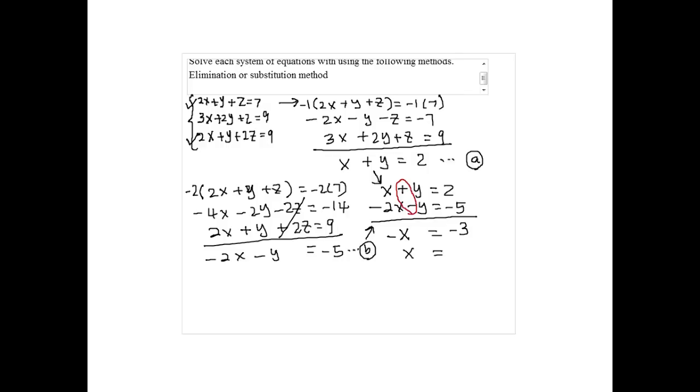By dividing both sides by -1, we get x equals 3. So we're going to substitute x equals 3 into equation A. So 3 plus y equals 2, so y equals -1.